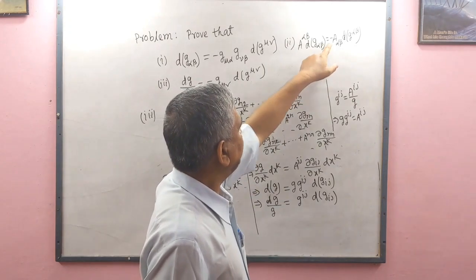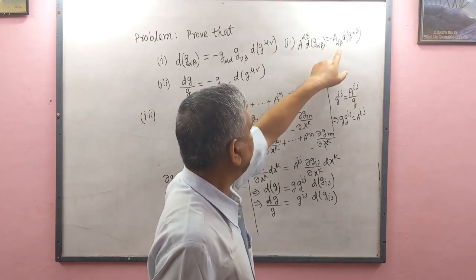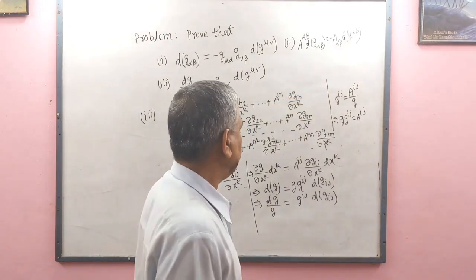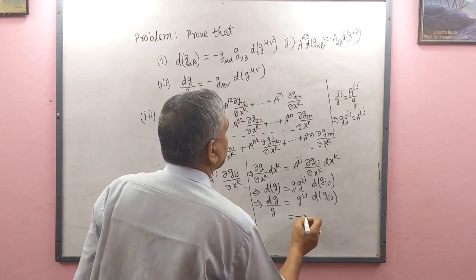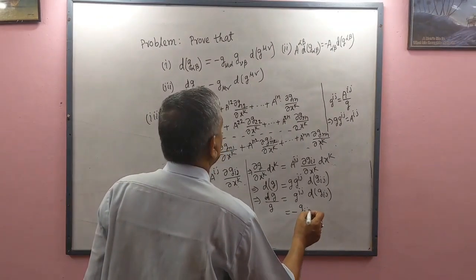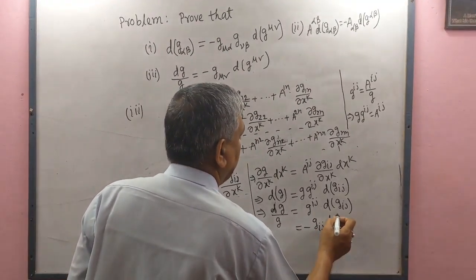So on the right side we may write minus covariant Gij into d contravariant Gij. So we may write minus Gij dgij.